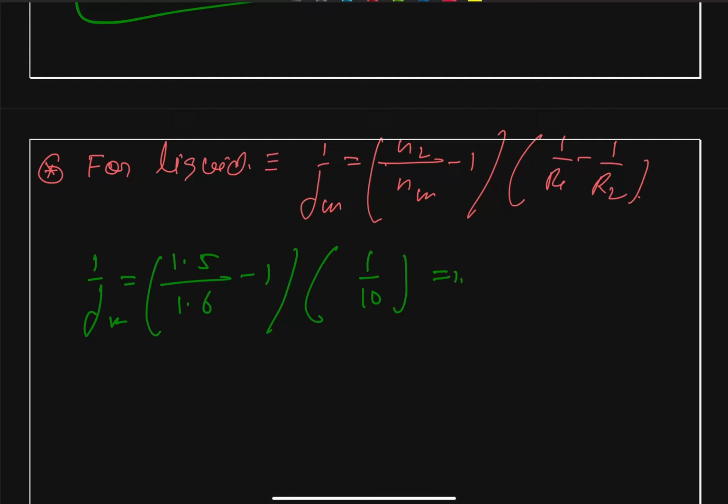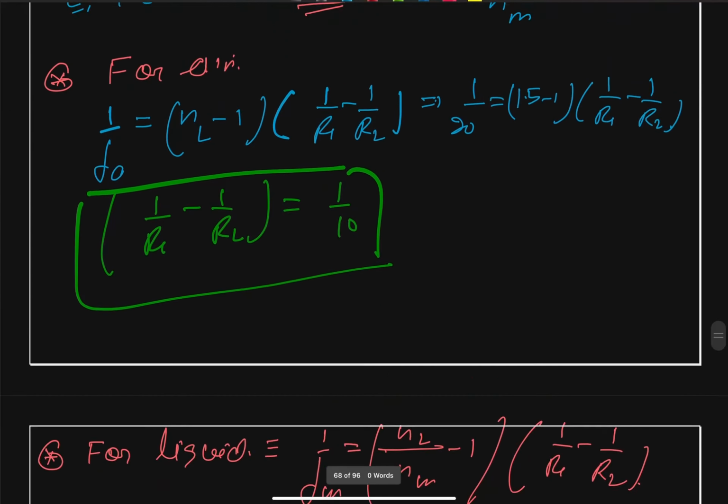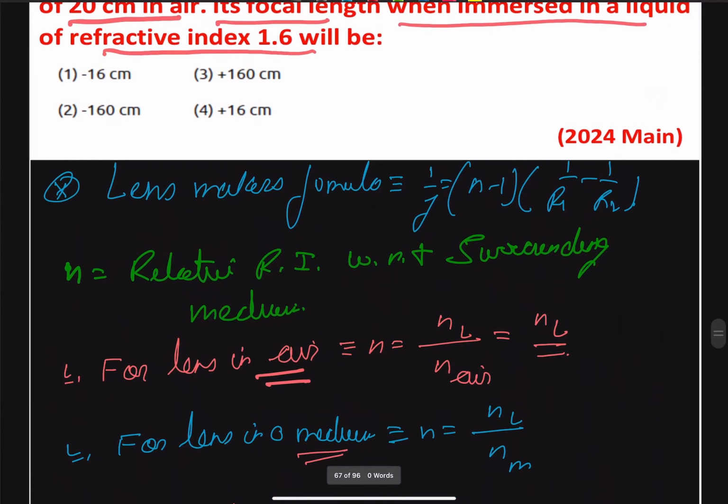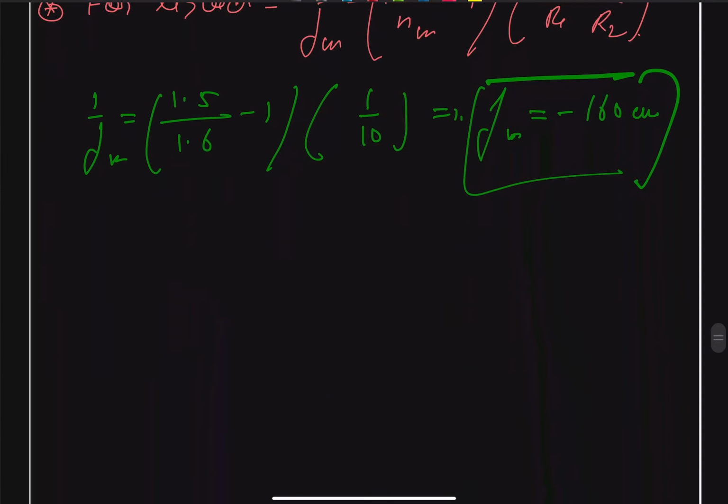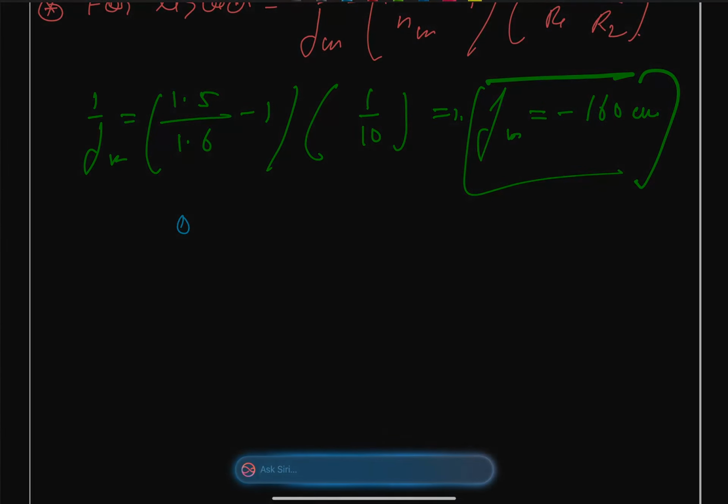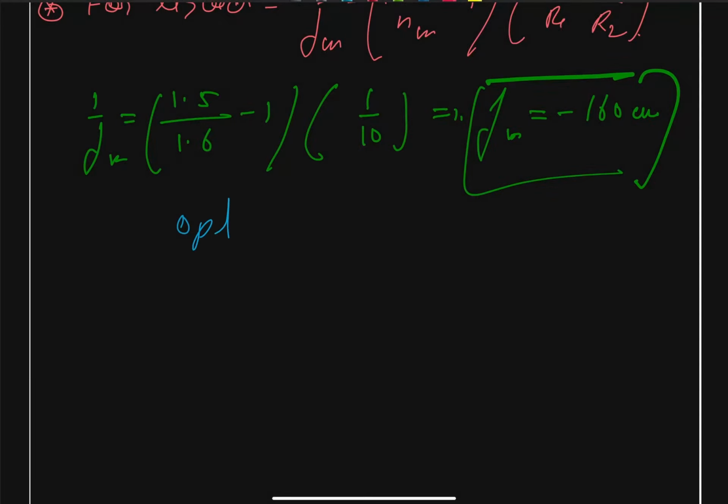This gives us that our focal length Fm will be equal to minus 160 centimeters. So option number 2 is the correct one.